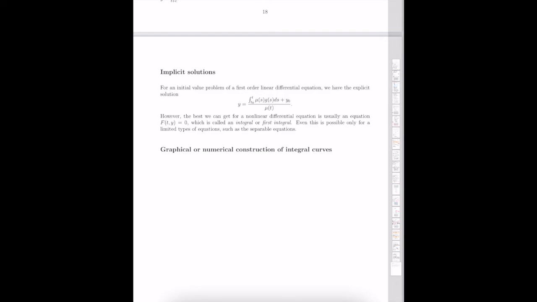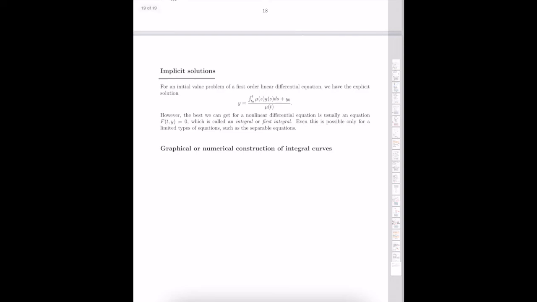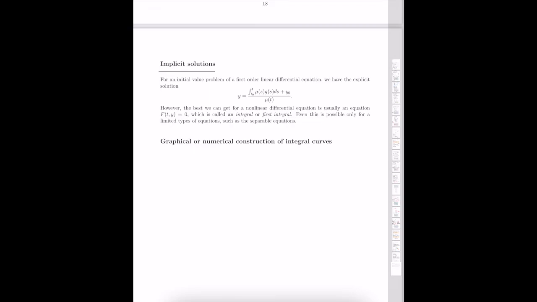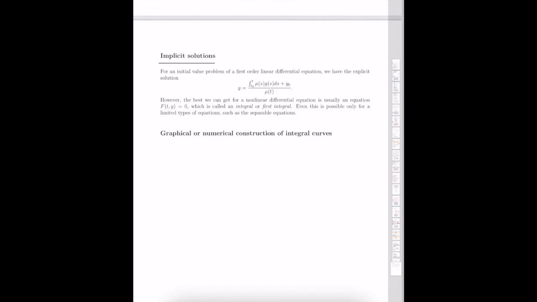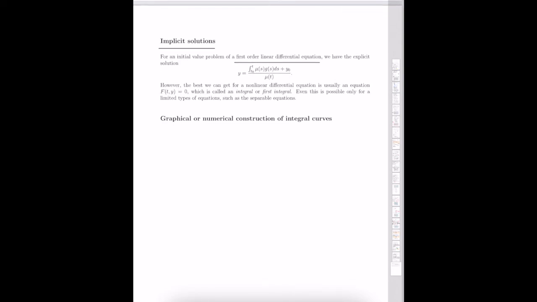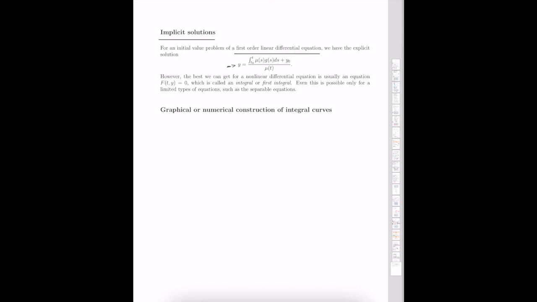Another difference is about the implicit or explicit solutions. Actually, the whole notion of solutions itself. For an initial value problem of a first order linear differential equation, we did show in the previous lectures that this is the general solution. Again, you don't need to memorize this, but this is the general form of the solution where mu t was the integral of another function.